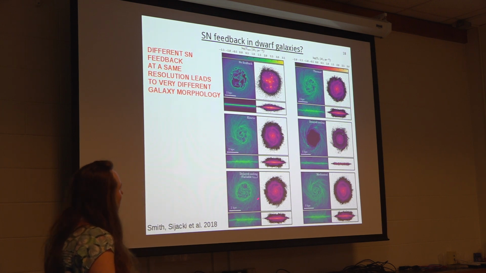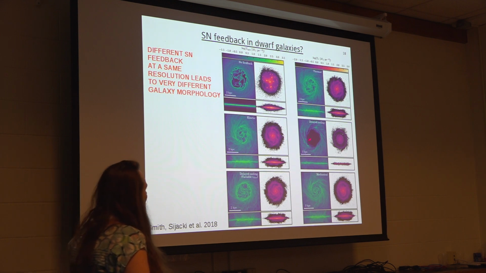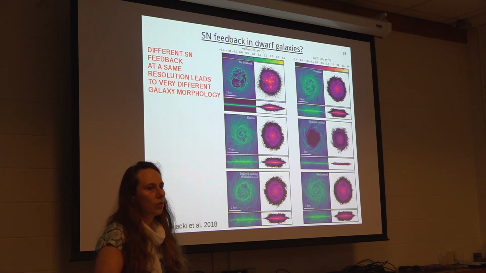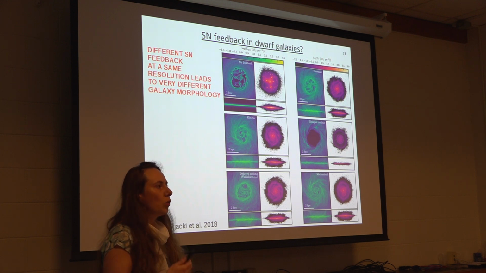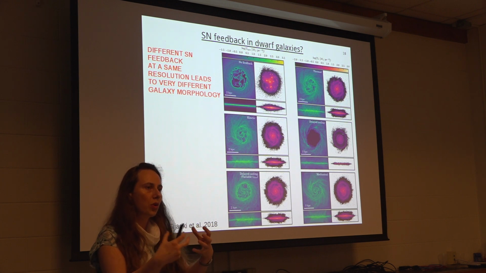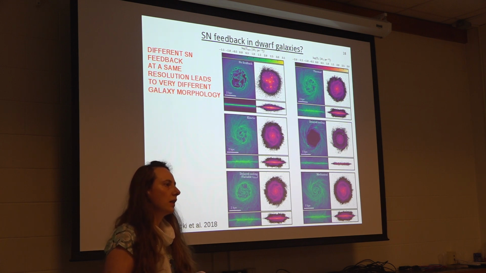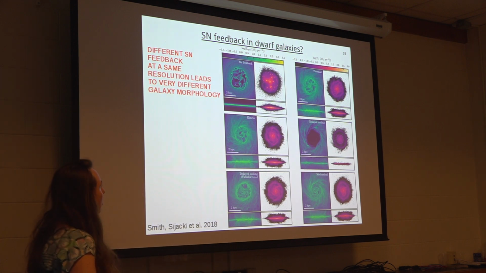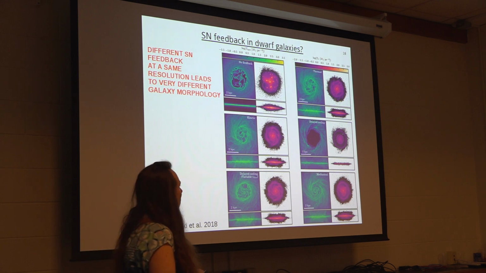And then we have some interesting models, I won't go into details, called delayed cooling, which people have invoked in the past quite successfully to prevent this numerical overcooling. The energy that the supernova delivers in the ISM is stored for a while before the radiative cooling takes it away. In simple terms, that's what it's trying to do: prevent numerical overcooling.